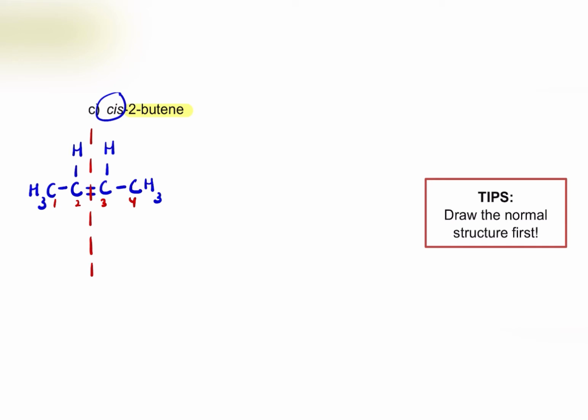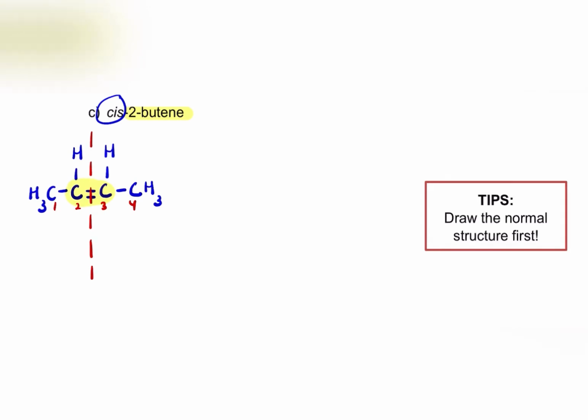Can you do the cis? So carbon number 2 here and number 3 share the restricted double bond. And what's next? At carbon number 2, I got H and CH3. So different, yes. And then carbon number 3, I got H and another CH3. Also different. So yes, you can do cis structure.